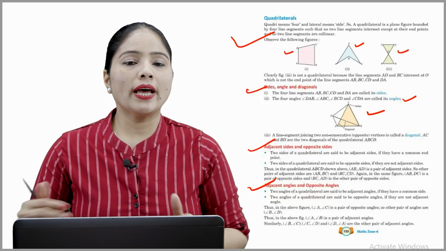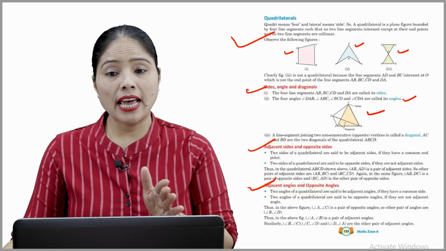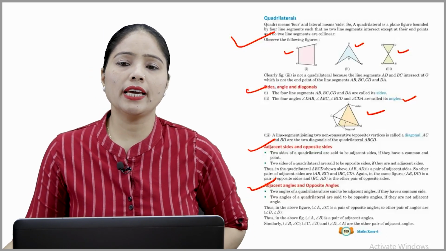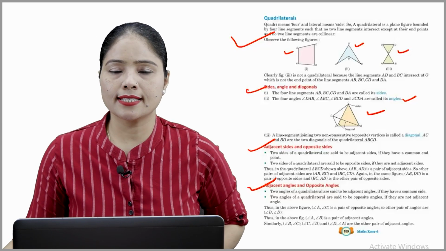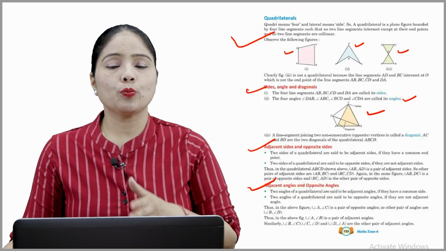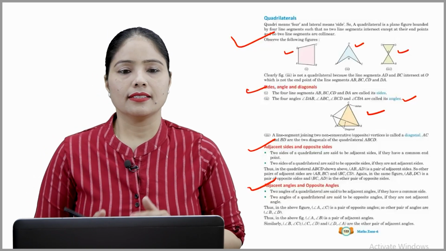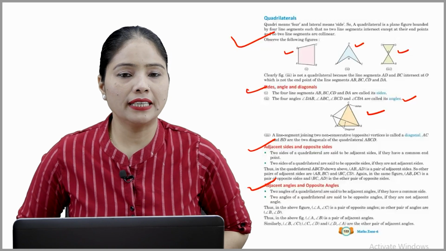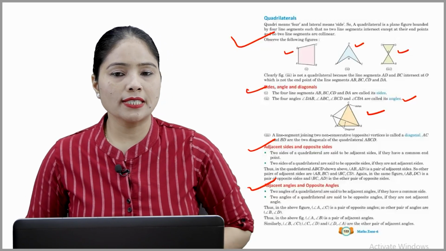Okay. Now, next is adjacent angles and opposite angles. First, two angles of a quadrilateral are said to be adjacent angles if they have a common side. If they have a common side, only then will they be adjacent angles. Two angles of a quadrilateral are said to be opposite angles if they are not adjacent angles. Thus, in the above figure, angles A and C are a pair of opposite angles.